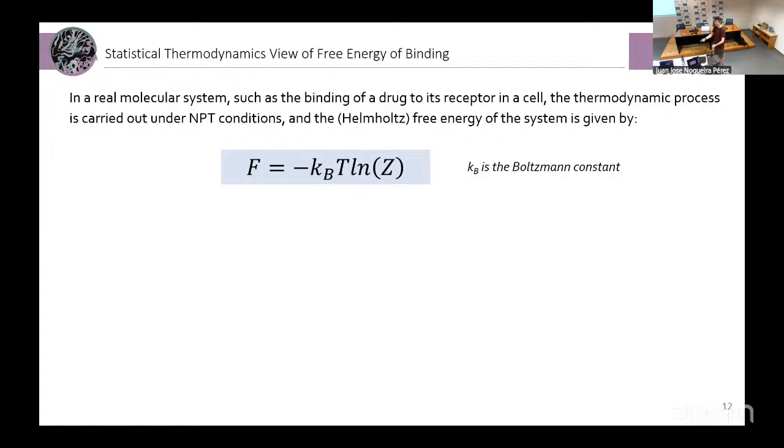Now, it's really interesting to estimate the free energy of binding, but how can we quantify this? We want to quantify this with a molecular dynamics simulation. From the point of view of statistical thermodynamics, we can relate the free energy with the partition function. This expression is similar to the one that we saw before with the equilibrium binding constant, but here it is the partition function.